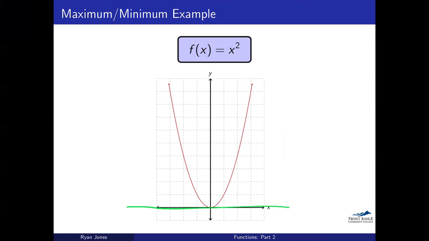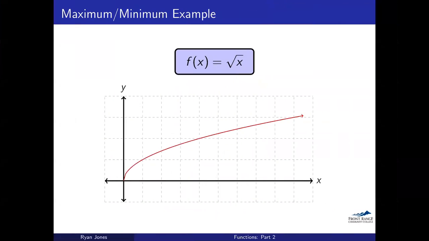The absolute maximum is a different story, however, because this function is just going to keep going up and up and up. It's not going to stop. And so in this case, we actually don't have an absolute maximum. The function never stops. I mean, maybe you could say the maximum is infinity, but that's not really a number. So we actually don't have an absolute maximum in this case, but we do have a minimum.